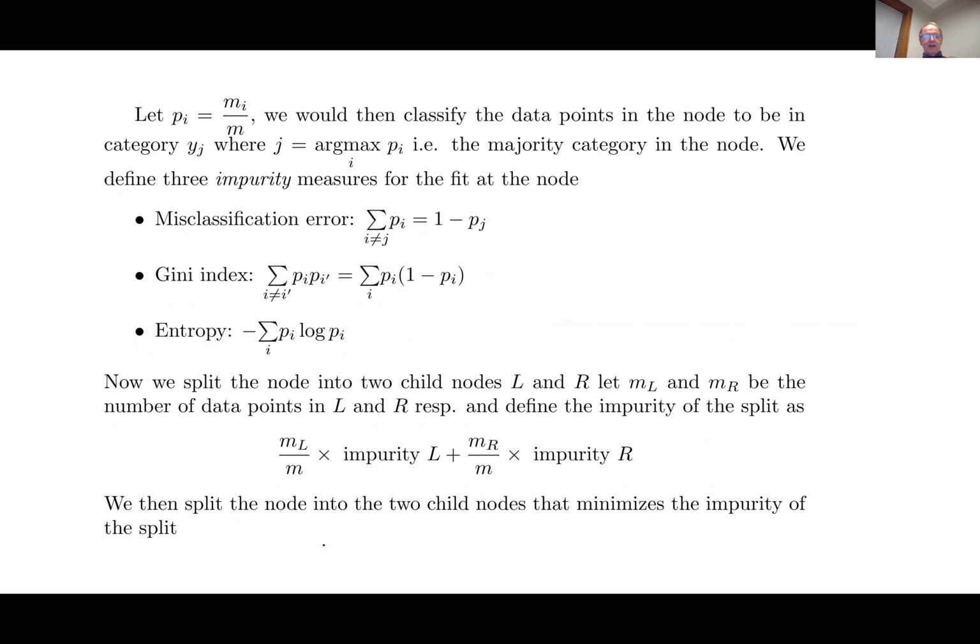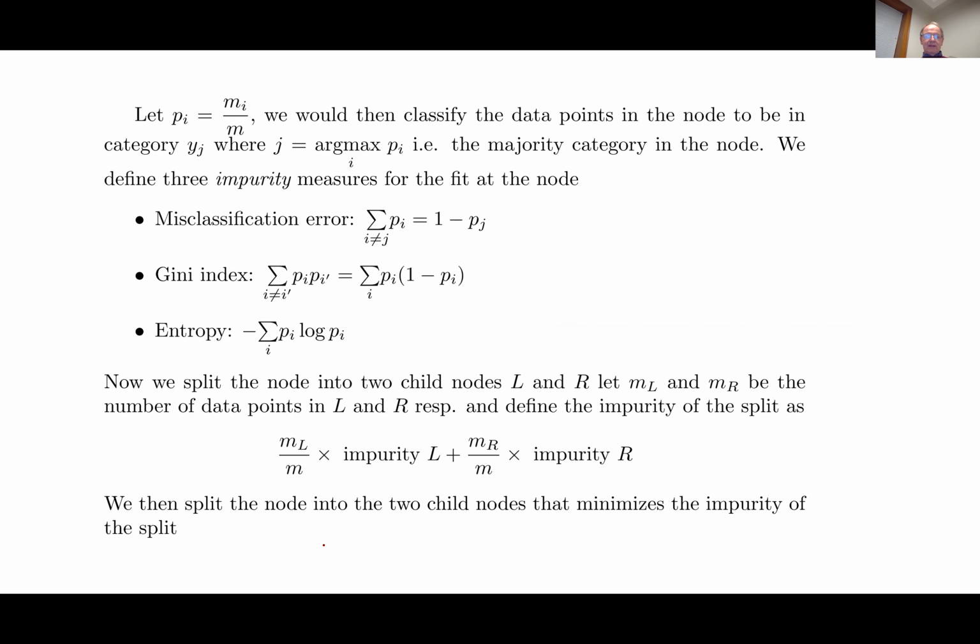Let's introduce some other numbers. Mi was the number of data points belonging to category Yi, and let's take Mi divided by M, the frequency of Yi, the fraction of points that belong to category Yi.